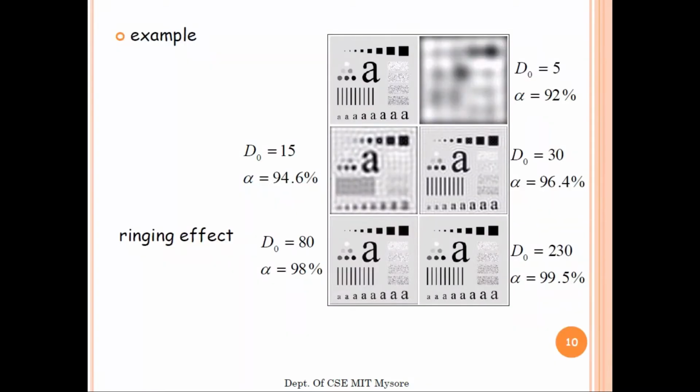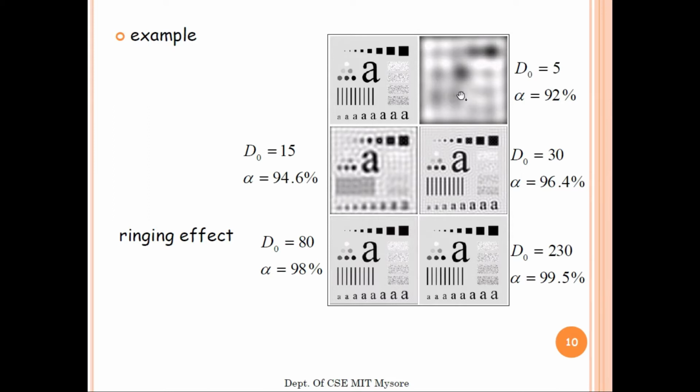Okay. Here I already mentioned there is a ringing effect and blurring effect in the ideal low pass filter. The first image is the input image, then this is the output image if D0 is 5. You can see in this image the content is not clearly visible.